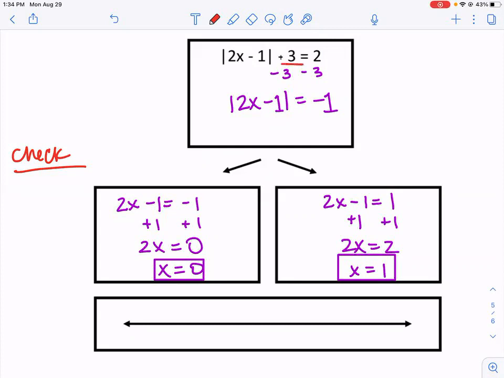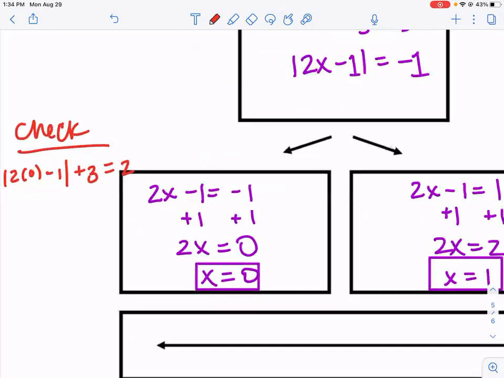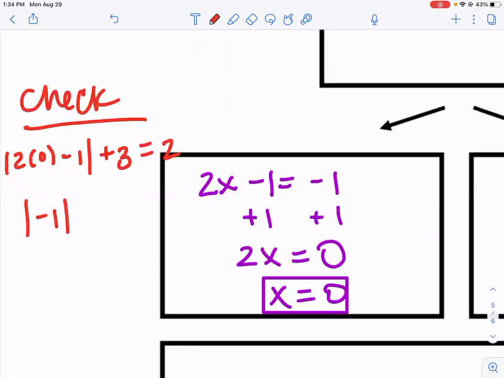Okay, let's go back up to the very first: the absolute value of 2x minus 1 plus 3 equals 2. I'm checking x equals 0 right now. What's 2 times 0? Okay, 0 minus 1. So I have the absolute value of -1 plus 3. Does that equal 2?